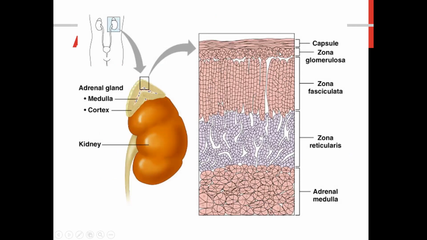First layer is the zona glomerulosa. This is the outer 10%, with low cytoplasmic to nuclear ratios and small nuclei with dense chromatin with intermediate lipid inclusions. The zona fasciculata is the middle 75%, and the fasciculata cells are cords of clear cells with a high cytoplasmic to nuclear ratio and lipid-laden foamy cytoplasm.